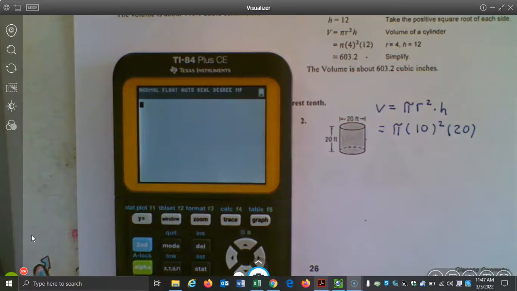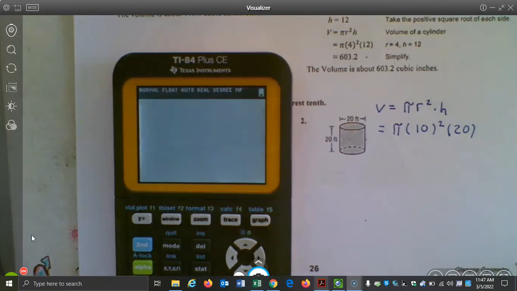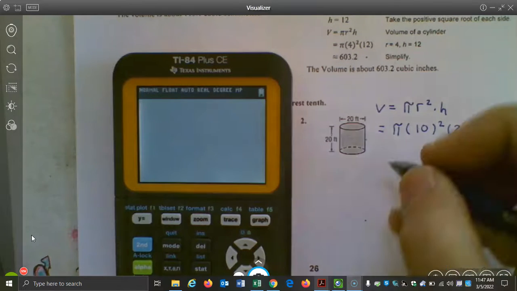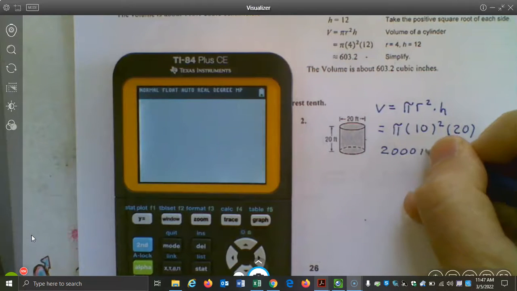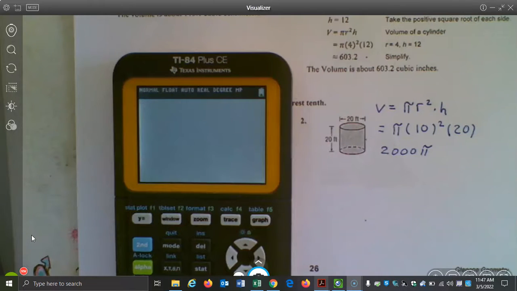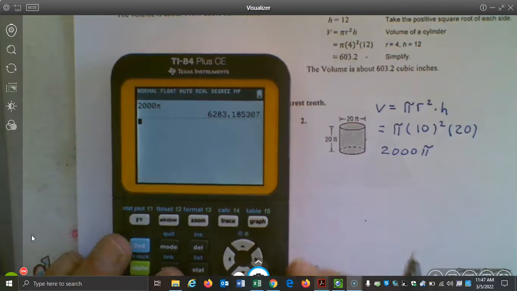And this would also be an easy one to write in terms of pi. We know 10 squared is 100, and 100 times 20 would be 2,000. So we could write this as 2,000 pi. And that's a nice clean way of writing the volume. But if it said round to the nearest tenth, then let's throw that into the calculator.